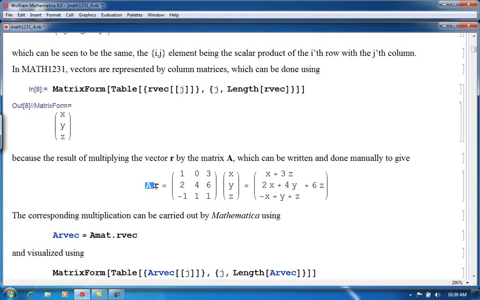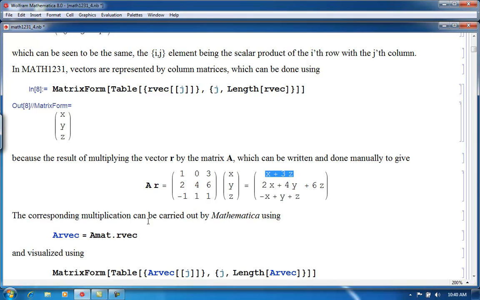So A times R, we take the matrix A and then the column vector R, and then the first element is the scalar product of the first row with the vector, the column matrix, which is this, and so on.